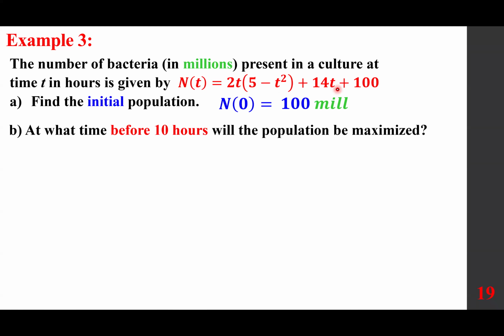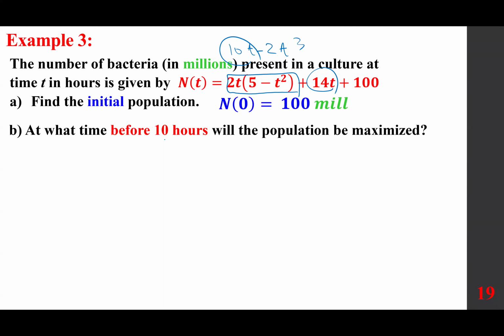At what time before 10 hours will the population be maximized? First and foremost, let me write this one as 10t minus 2t cubed, and these two add up, and I'm going to put them in descending order.